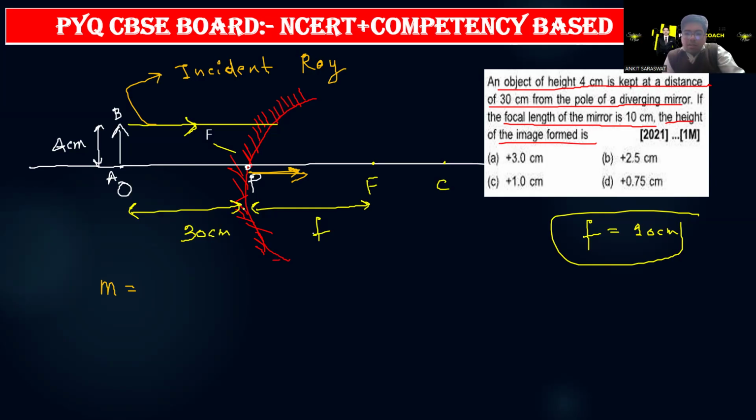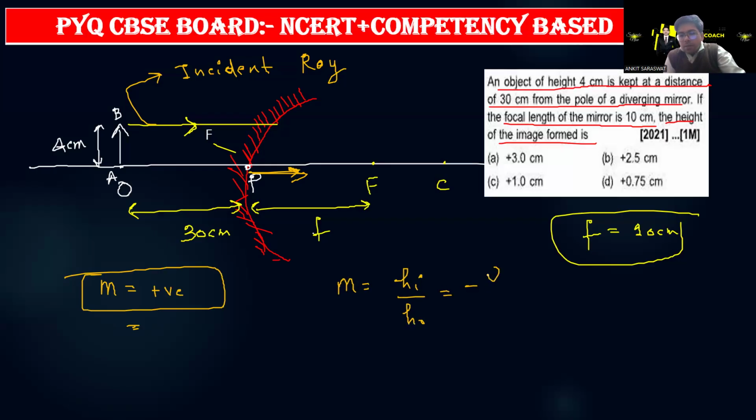It is not real and inverted first of all. So magnification comes out to be positive. Why? Because when the image is erect, not inverted, then hi is positive and ho is positive. Clear? So m will be hi by ho, equal to minus v by u.